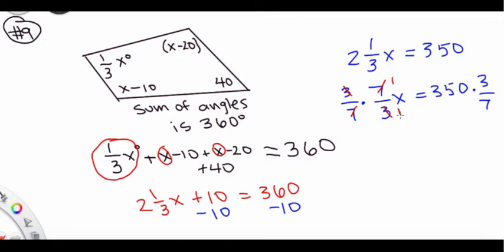So we have 1 over 1, which is just 1. So we have 1x, which is just x, equals 350 times 3 divided by 7. And we can say, okay, well, 35 divided by 7 is 5, times 10 is 50. So 350 can become 50, and 7 can become 1. So we have 50 times 3, which is 150. So x is equal to 150.